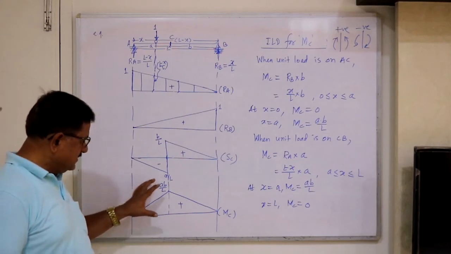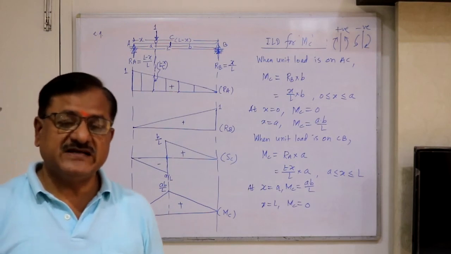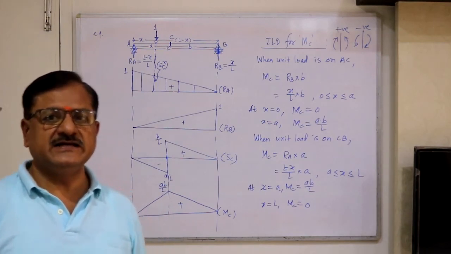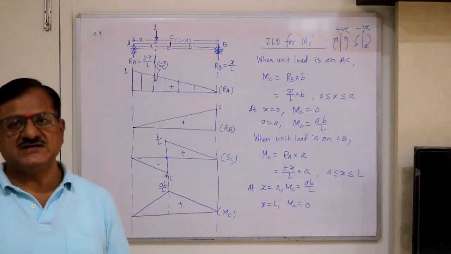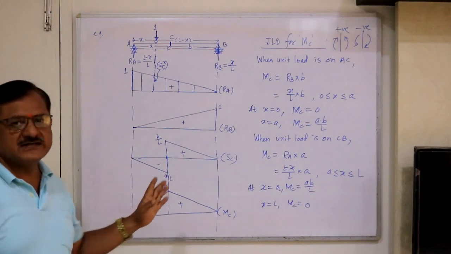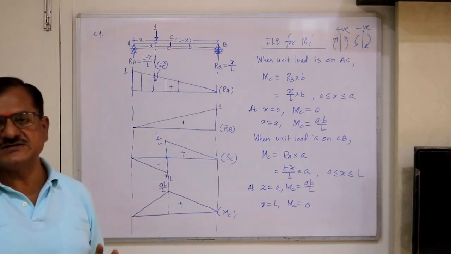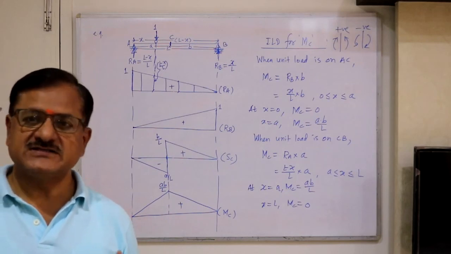Because at a given section, when shear force is maximum or bending moment is maximum, accordingly the position of the moving unit load is fixed. And once we fix the position, then that load into the corresponding ordinates will be that particular structural function.